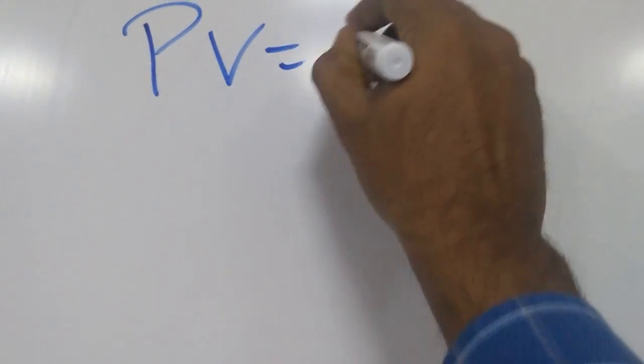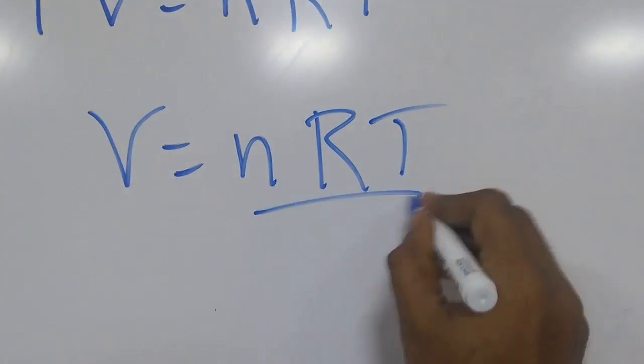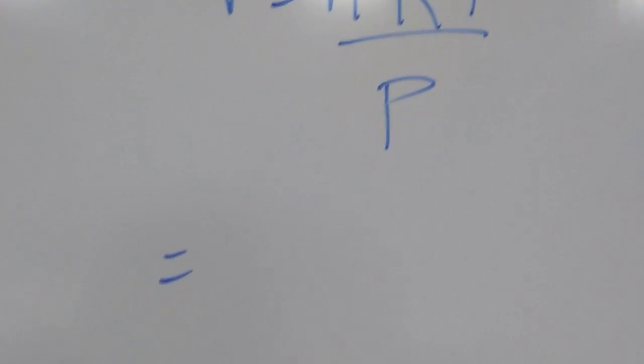Okay, what is the question? Determine the volume. The formula is PV equal to nRT, V equal to nRT by P. Okay, so what is the n value?